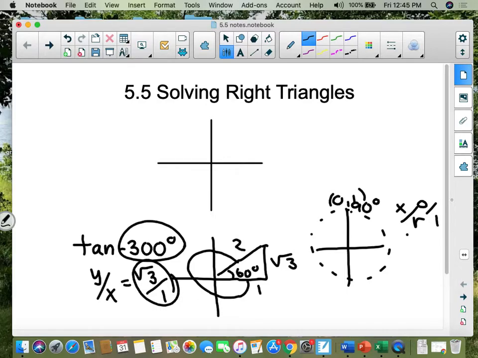So when you get an answer of 0, you need to know it doesn't make a triangle; it lands on the 0, 90 axis, right? So you have to be very familiar with what type of answer you get and what type of angle it could make.